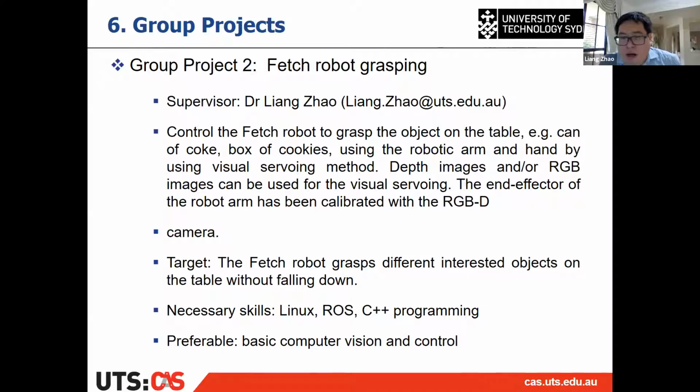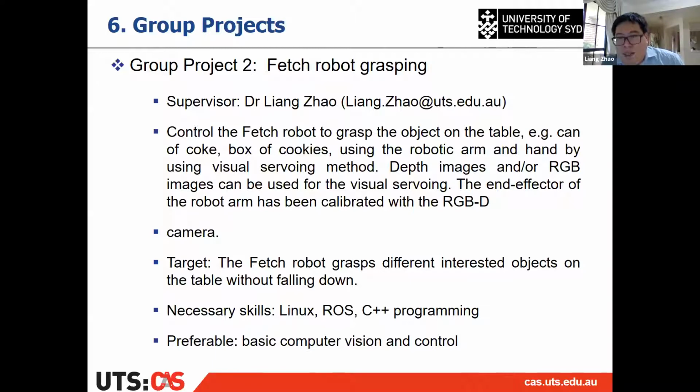You can use RGB or RGB-D, but using RGB-D will be much easier for this case. And you can simulate some objects on the table and control the fetch robot to pick up the object and put it back, or put it in another location, something like that.